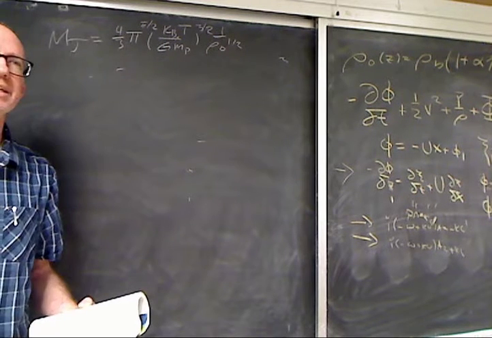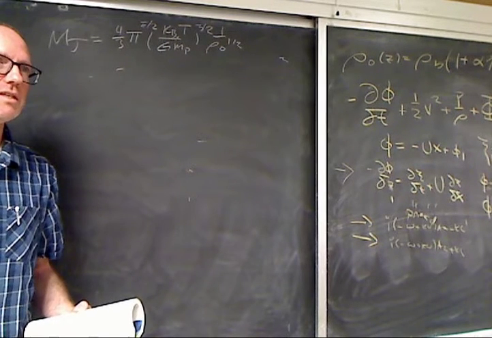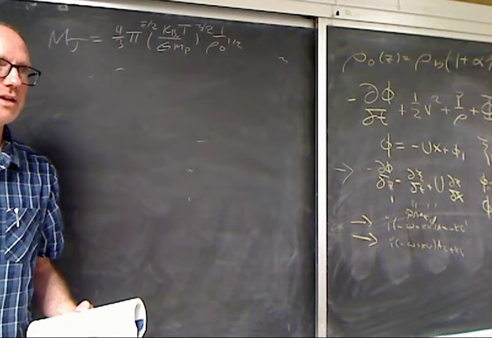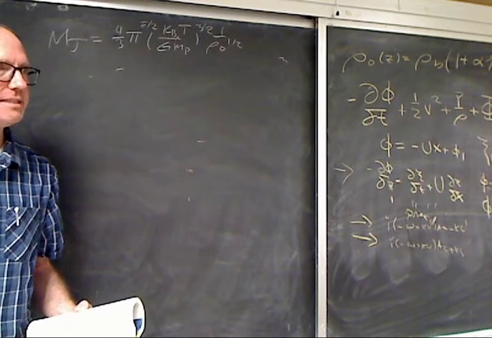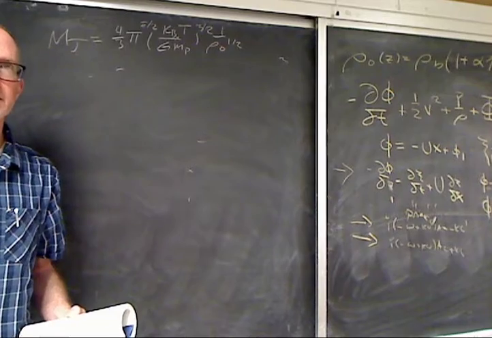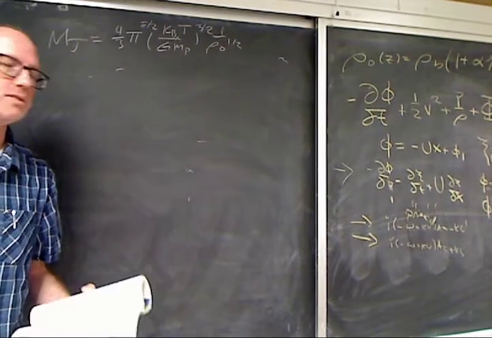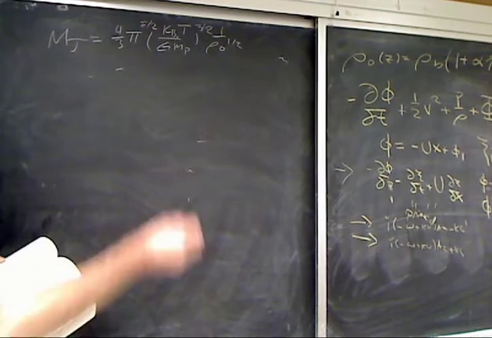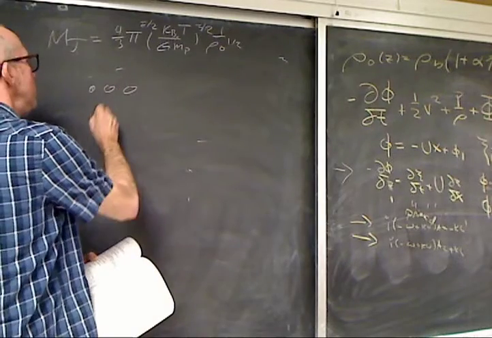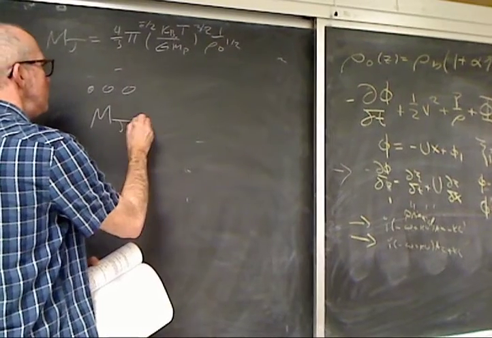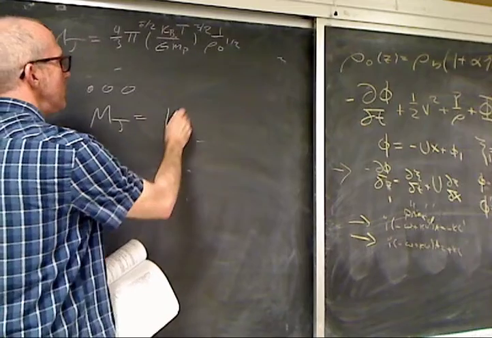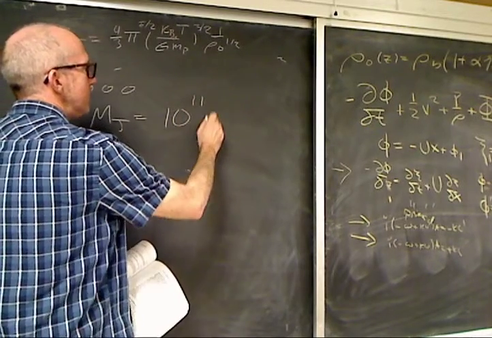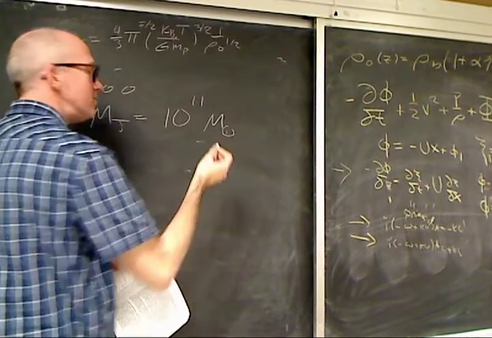This is actually not a particularly realistic scenario, because generally when you get gas that's this hot, it's not as dense as 100 particles per cubic centimeter. But that's the way I wrote it. So you do the same stunt, and the Jeans mass of this should be, I think I got 10 to the 11 solar masses. How much is a solar mass?